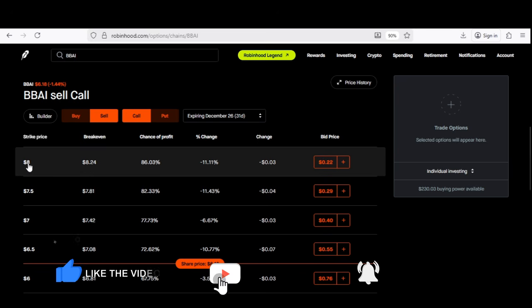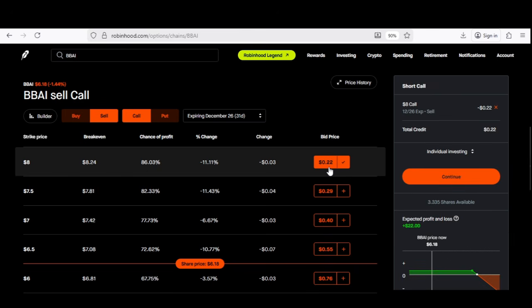So with the $8 strike price, I'm going to be paid once again. Remember, I am going to show you how to make consistent income. The amount I'm going to be getting paid is going to be 0.22, or once again, that's going to be $22. Now, in this case, you're going to check your ROI, or your return on investment. So your ROI in this case is going to be 4.4%.